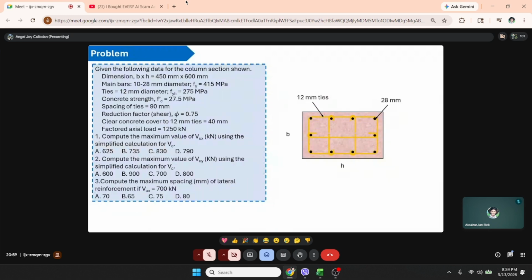Concrete strength is 27.5 MPa, spacing of ties 90, reduction factor 0.75, and the clear concrete cover to ties is 40 mm, and the factored axial load of 1,250 kilonewton.